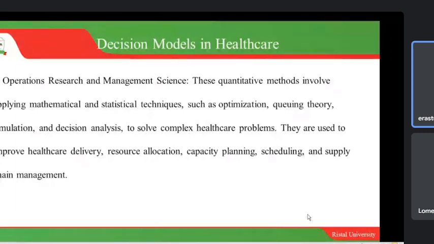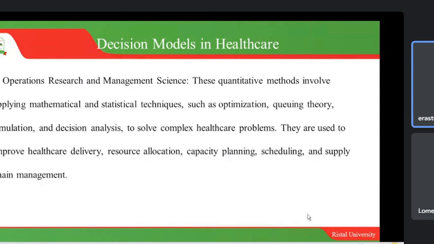For example, you find healthcare facilities that have appointment scheduling. So this is part of queuing theory, and it is meant to help us analyze historical patient arrival patterns. That is going to be very, very crucial.